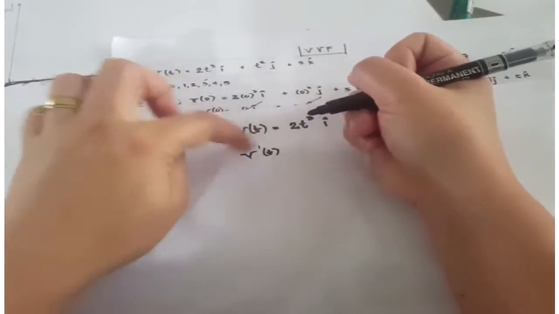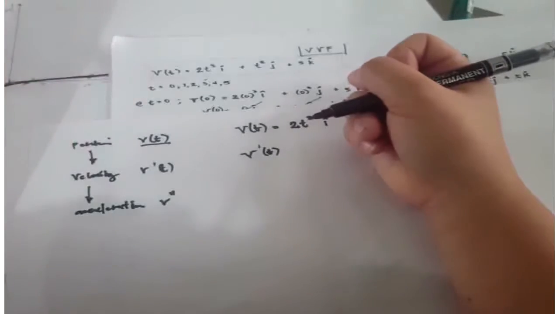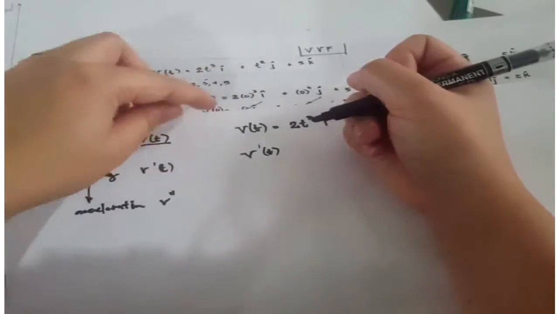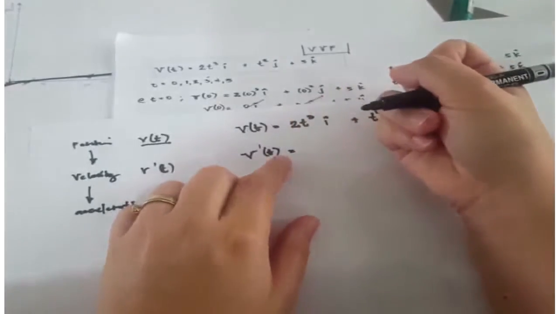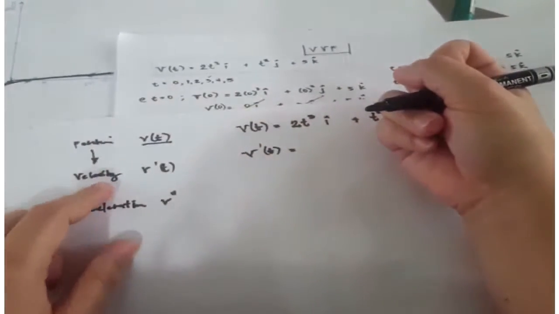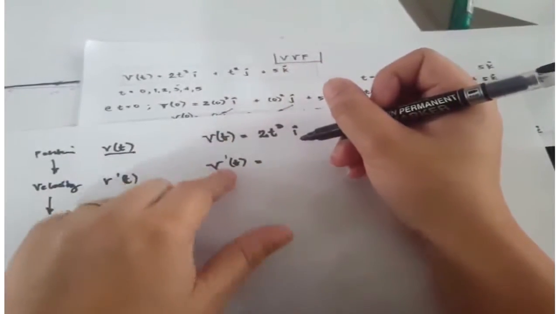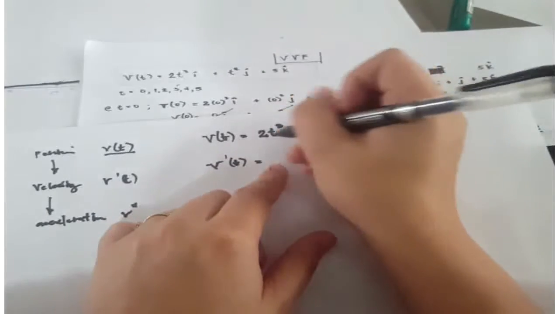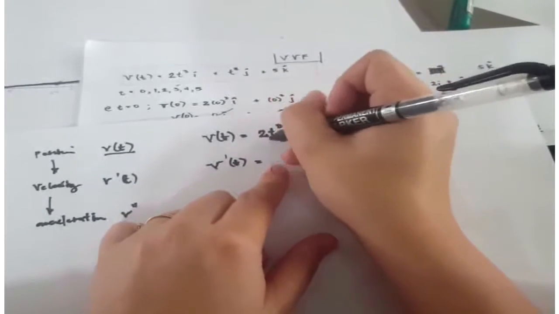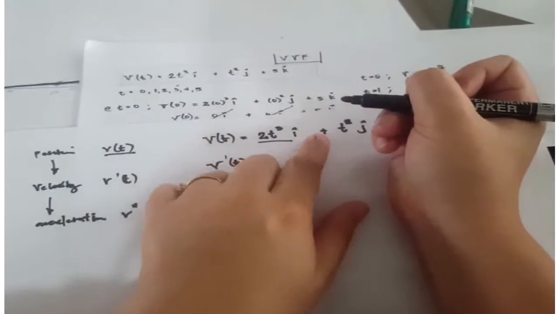wherein this first vt here is our position. Again, when we differentiate once v prime, we can now determine the value of our velocity. So our velocity here is just what is the derivative of this values here.